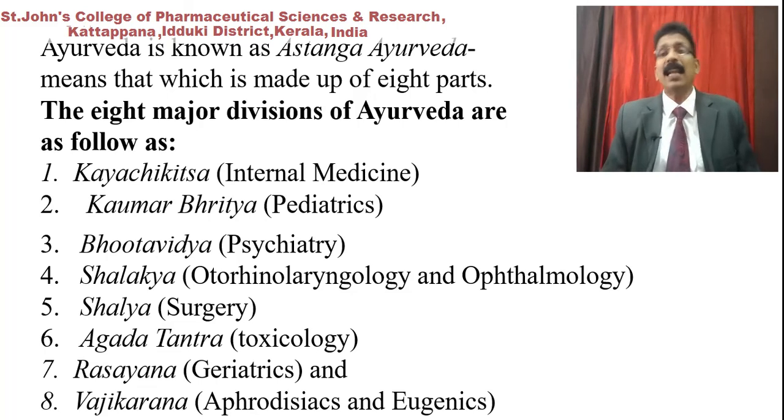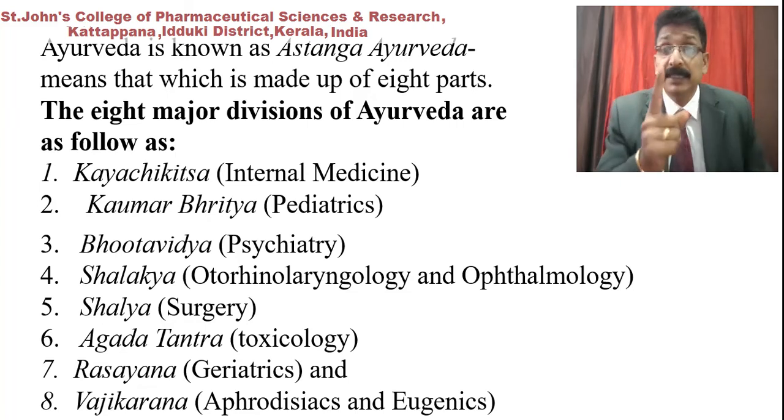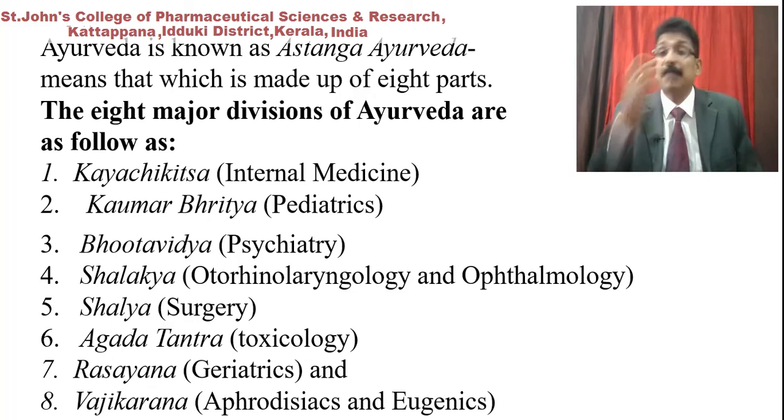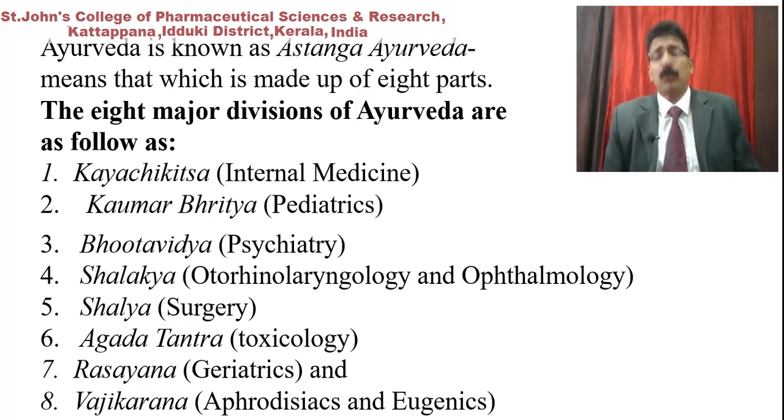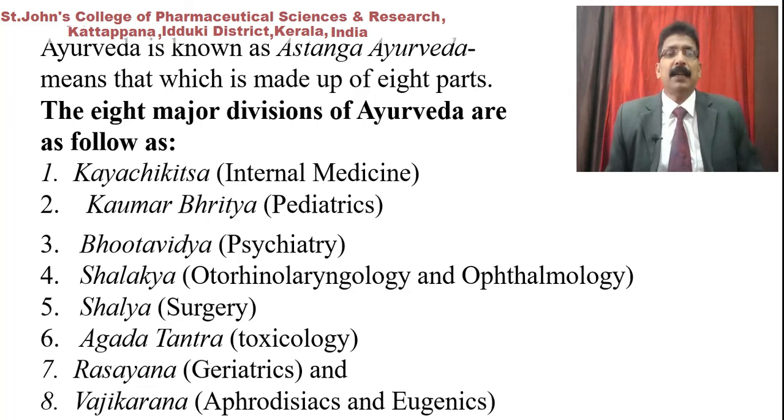Shalya is surgery. And Agada Tantra is toxicology, the study of toxicity. Many metals, heavy metals and many things are covered under toxicity study in Ayurveda. That is Agada Tantra.